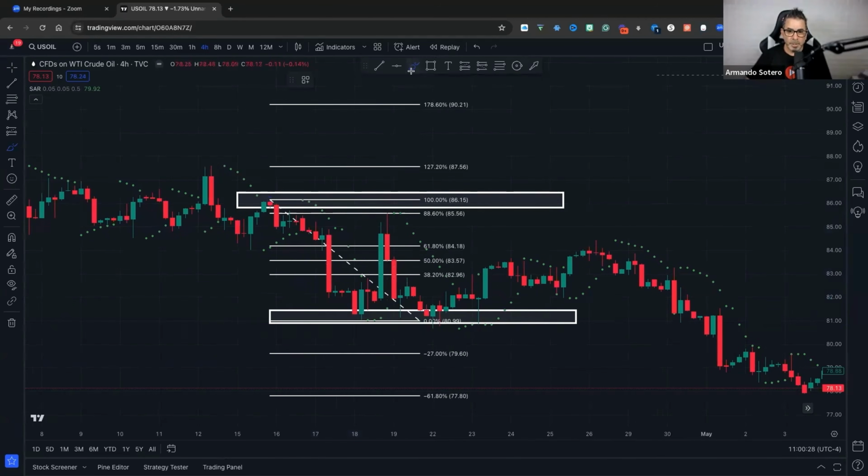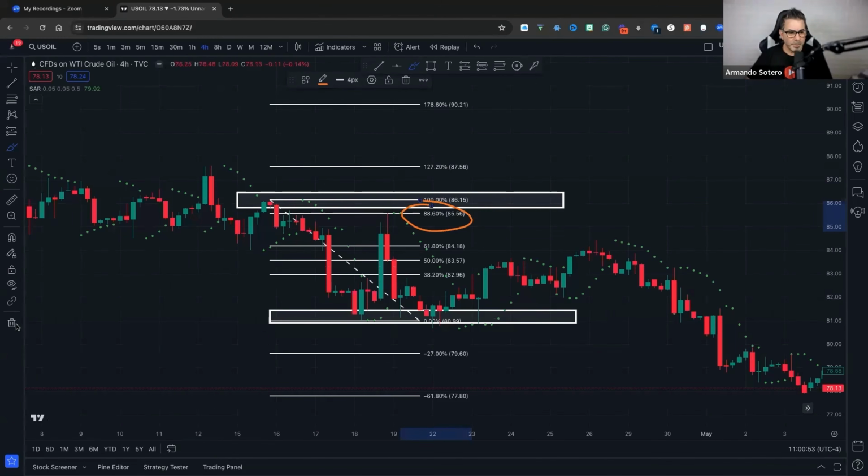Number one is that price reached near that 88.6. And again, for those of you that work with me in my community and in my group, we always talk about that is the maximum that price will usually go unless it's going to break the trend, which means that price would then close above the 100%. And if that's the case, then obviously you would close your short in this position.